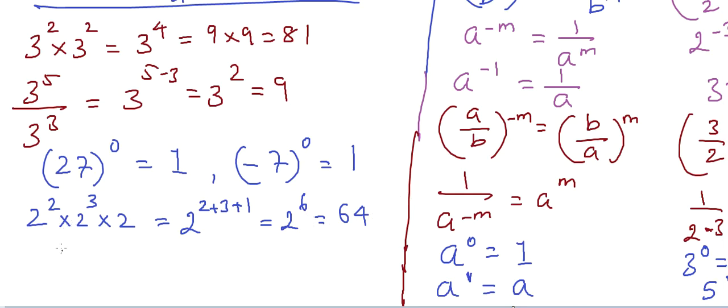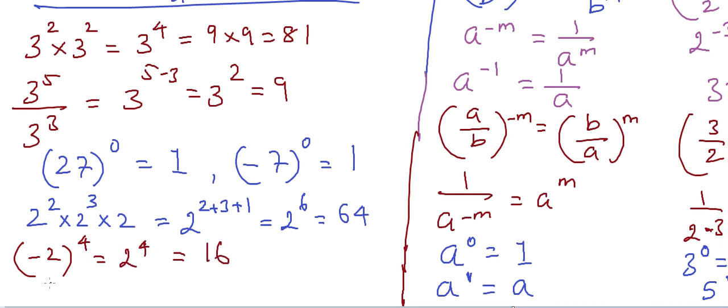And see, when the base is negative, for example minus 2, and the power is an even number, for example 4, then the result is positive. So this can be written as just 2 power 4, because we know it's positive, so it is equal to 16.